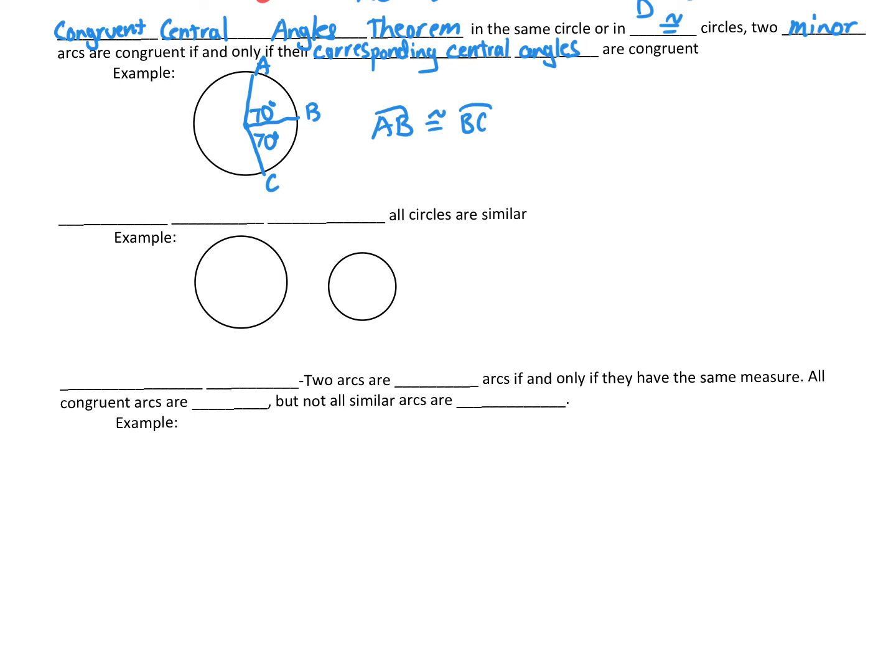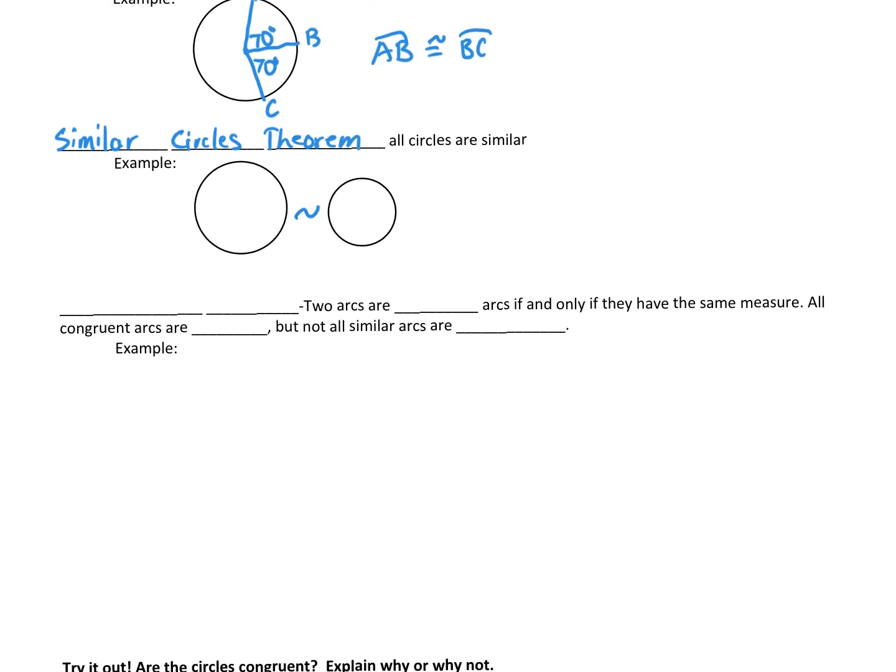Next is the similar circles theorem, which basically says if you are a circle, you are similar to every other circle out there. So you are proportional always.